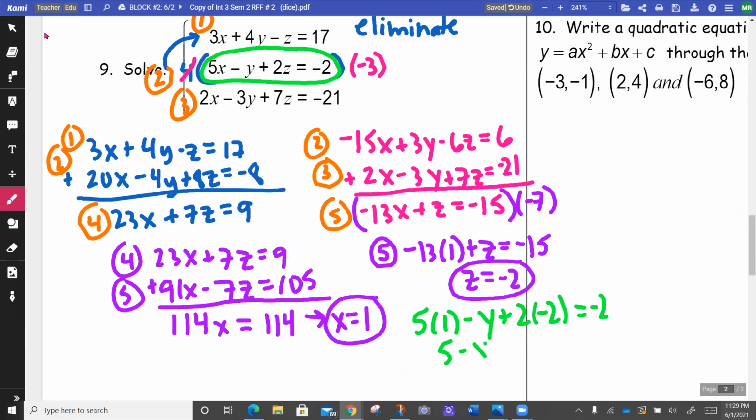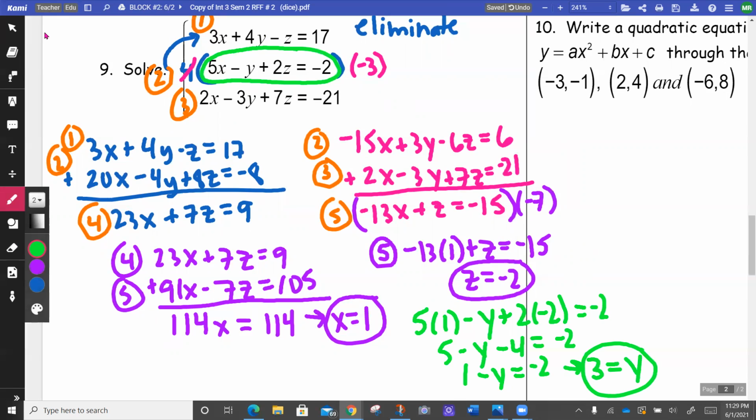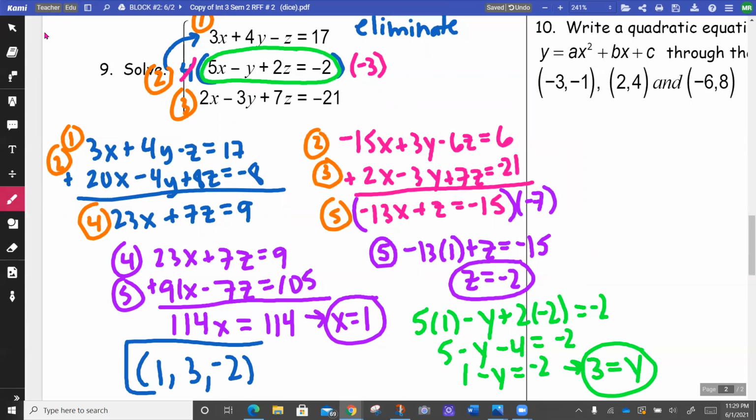So 5 minus y minus 4 equals negative 2. So 1 minus y equals negative 2. So I'm going to get 3 when I add my 2 over and take my y. So I get y equal 3. You write it as a point. And so I'm going to write my x, which is 1, my y, which is 3, my z, which is negative 2.